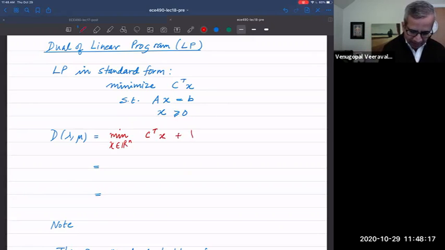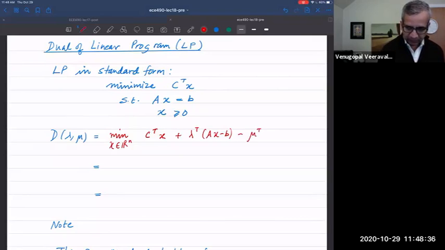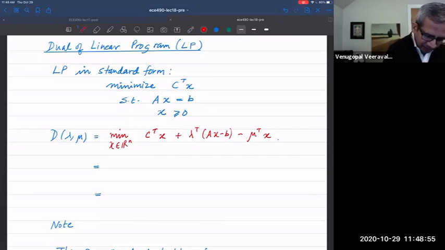Plus the equality constraint, which we multiply by lambda. As we said before, we don't have to worry about regularity with linear programming problems. Okay, so we get that, with a minus sign because this was x bigger than or equal to 0, so I have a minus in front of me. Okay, so let's rewrite this. Take all the terms that involve x.